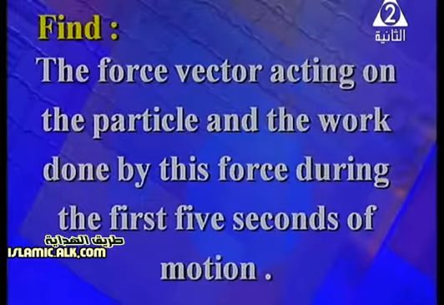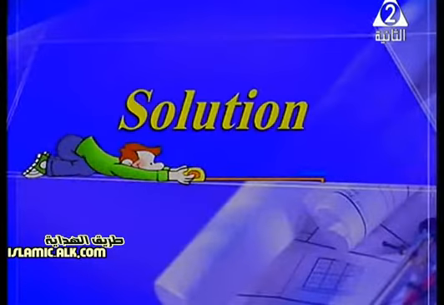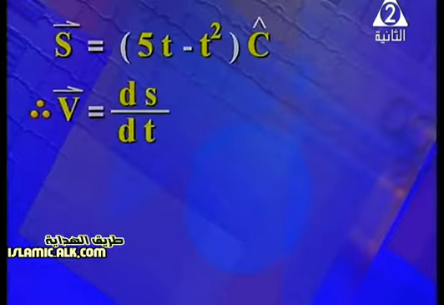What is required again? What is the force vector acting on the particle and the work done by this force during the first 5 seconds of motion? Look at the solution. Dear student, the relation is S equals (5t minus t squared) c vector. What is the velocity?